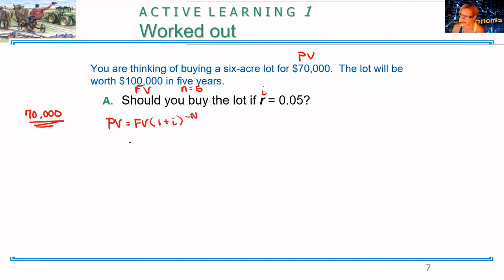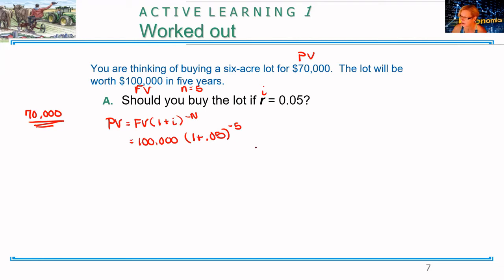So our future value here is 100,000. Our interest rate, or R, is 0.05. And we're going to take that to the negative 5th power. And when I do that, I'm just going to grab my calculator here. Let's see, 1.05, 5 plus minus.